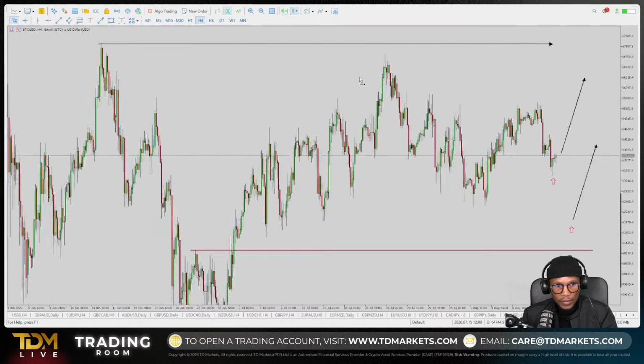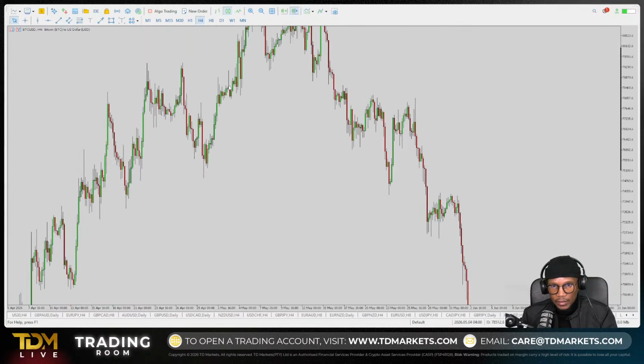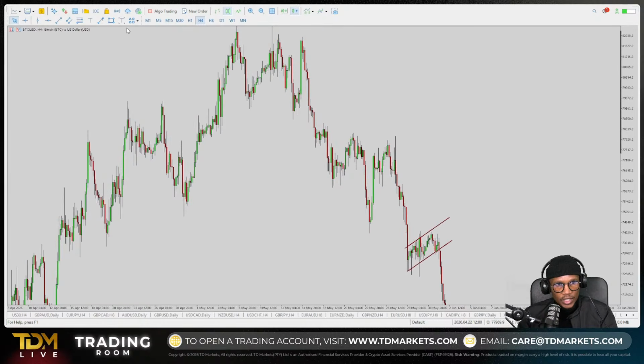Let me show you. You have a correction that can turn into a pattern like this. It's a correction but creating a pattern. And then you've got a correction like this. Both of these are corrections, but one is a pattern, one is not.